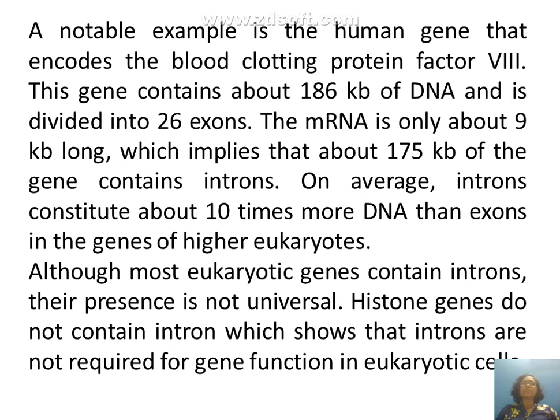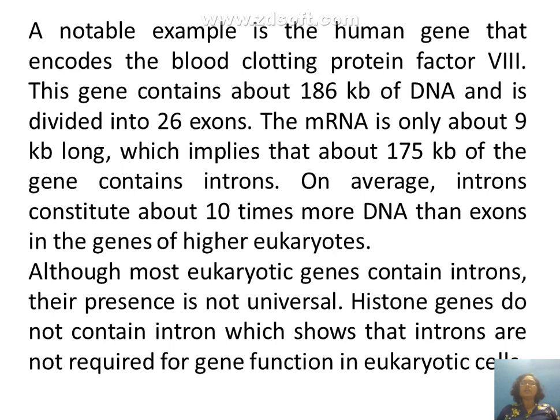On average, introns constitute about 10 times more DNA than exons in the genes of higher eukaryotic cells. Because of this, even though the human chromosome set has 3.1 billion base pairs, remember, 3.1 billion nucleotides, among those there are only 25 to 30,000 genes.